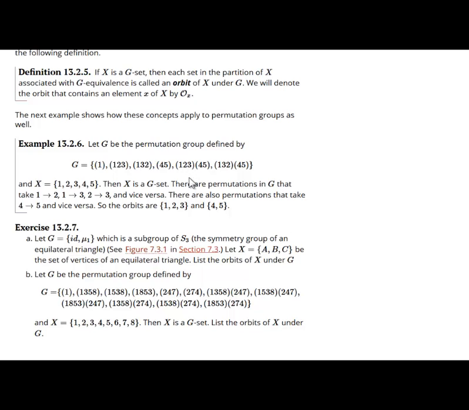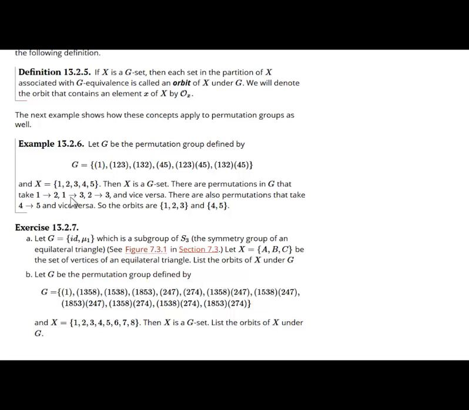Now, if we look at these permutations, this permutation takes 1 to 1, this one takes 1 to 2, this one takes 1 to 3, and the next three again take 1 to 1, 2, and 3. So in fact, the permutations only take 1 to 2 or to 3.